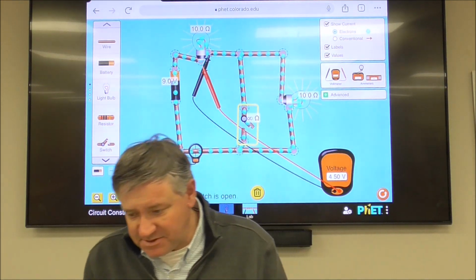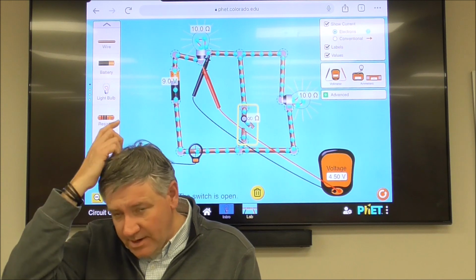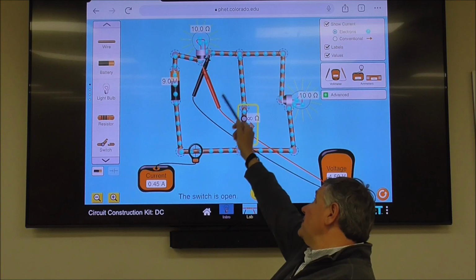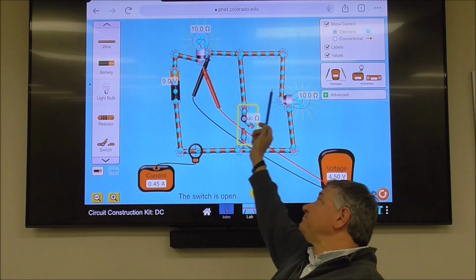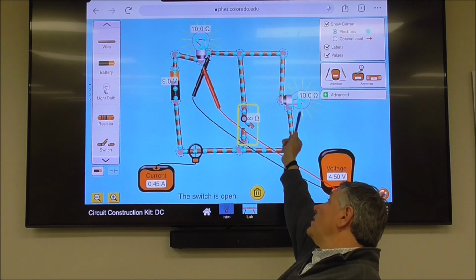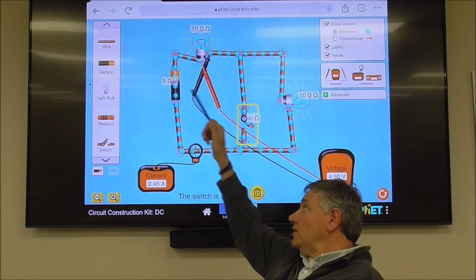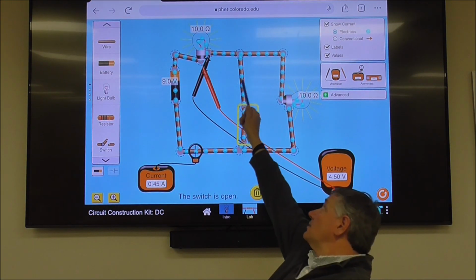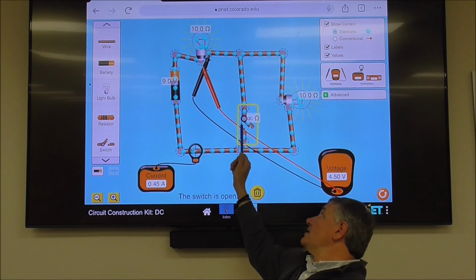So I built the simulation, and here's what I've got. I've got a 9-volt battery, and I've used light bulbs. They both have an internal resistance of 10 ohms, and there's the electrons flow out, there's a branch.